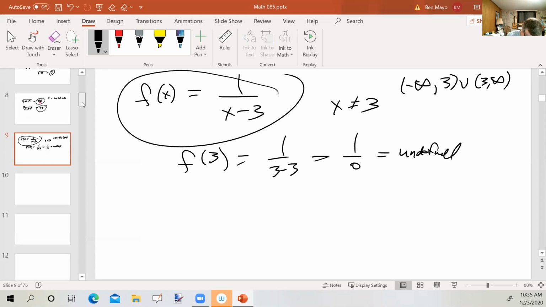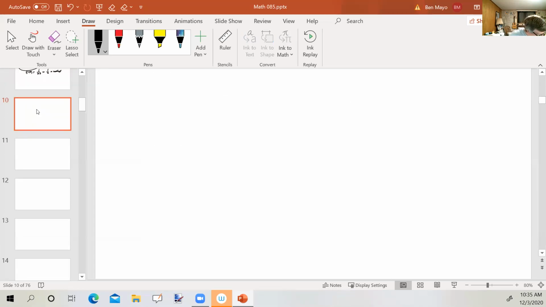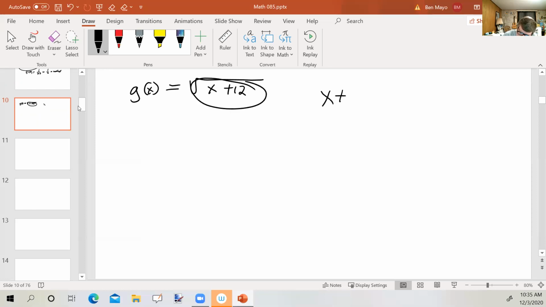But now we've got a new situation, and that is, let's say we've got something like this. g of x equals the square root of x plus 12. And it asks for the domain of the function. Well, just a few minutes ago, I mentioned that you can't take an even root of a negative number. Since we're taking a square root, the radicand, the x plus 12, can't be negative, which means it either has to be positive, that is greater than 0, or equal to 0.